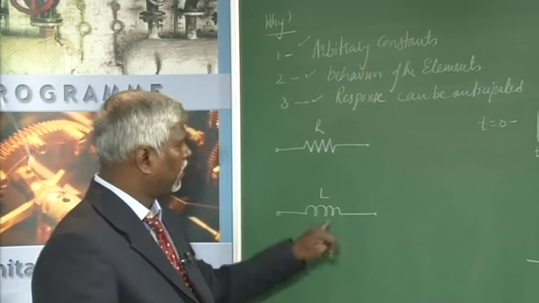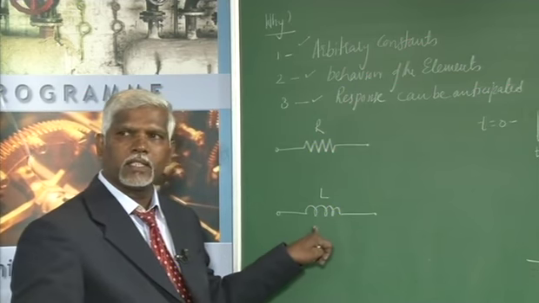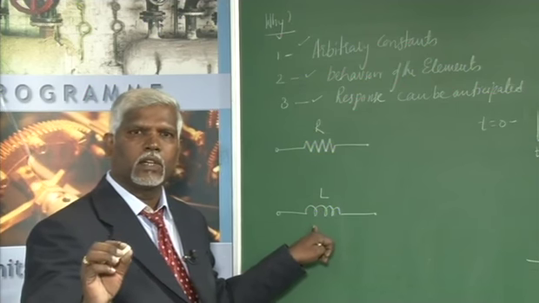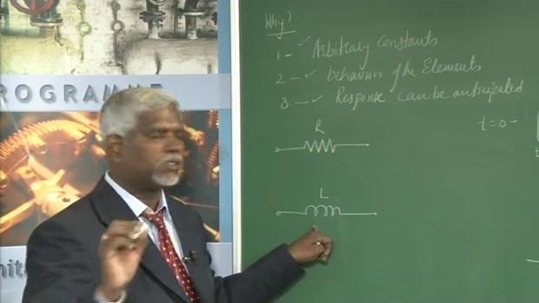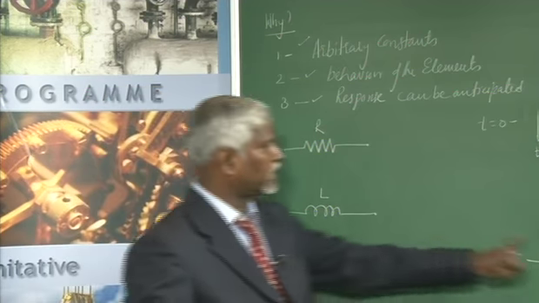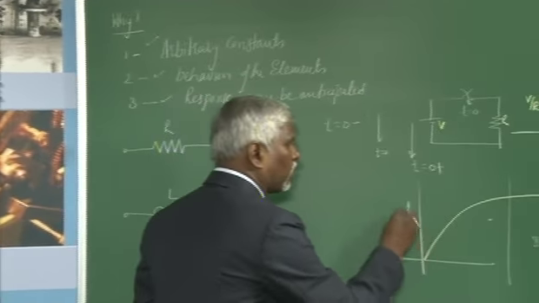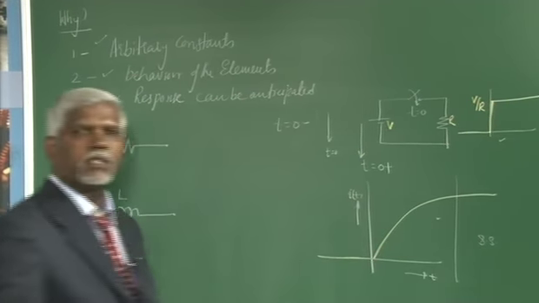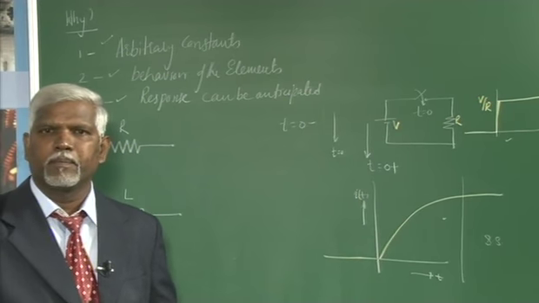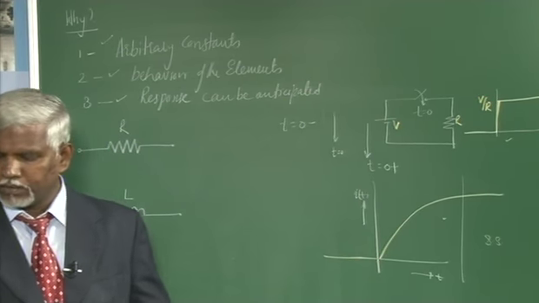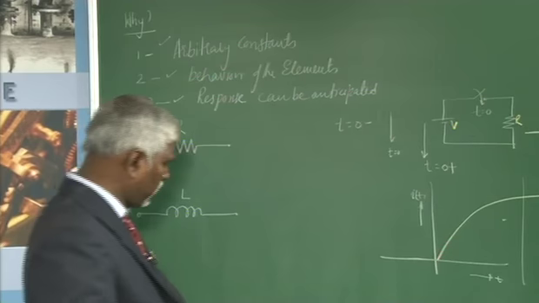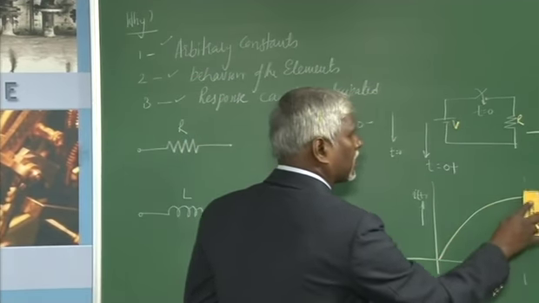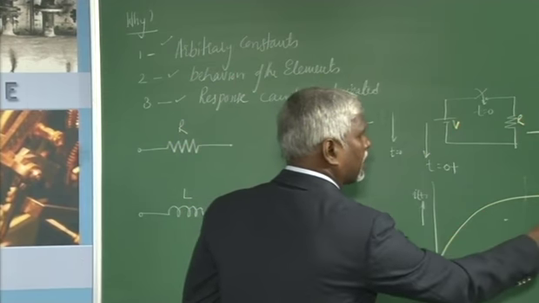Now, I told you an inductor behaves like your parents. Any sudden change in the behavior of a student is not accepted, but a gradual change is accepted. Similarly, it does not allow a sudden change in current. If this is the current with respect to time and this is your time, I am always interested to know how the current varies with time when the switch is closed. This gives an idea how the inductor opposes a sudden change, but a gradual change is allowed.